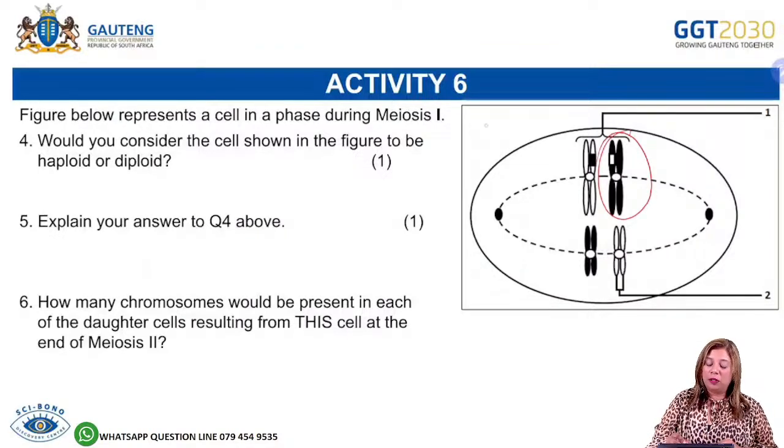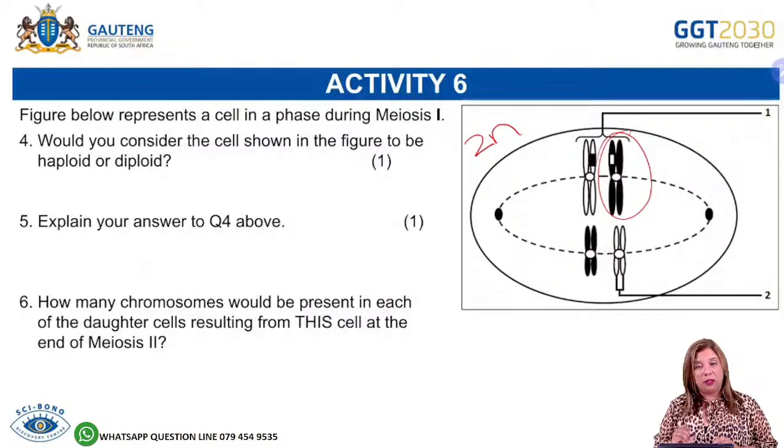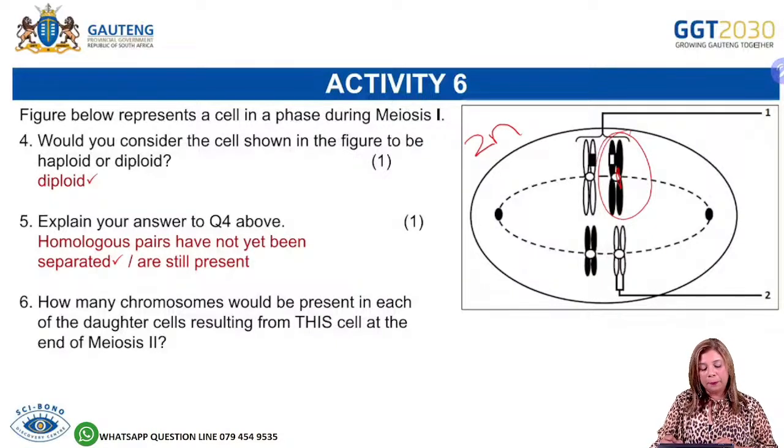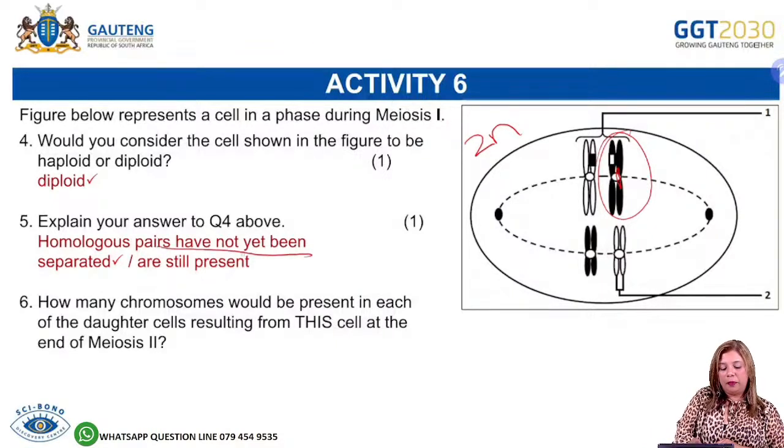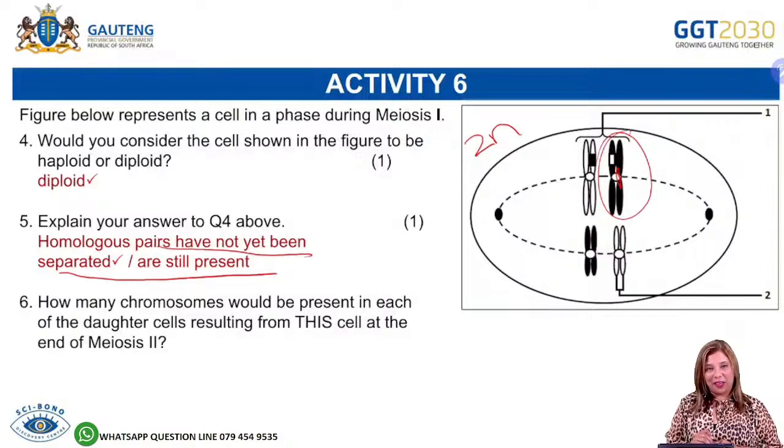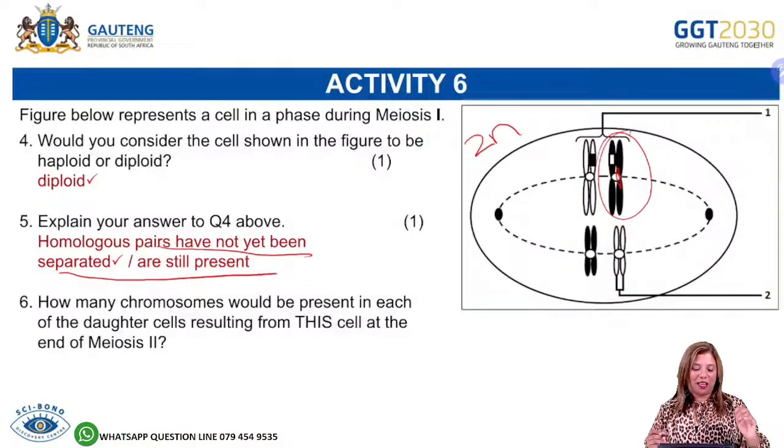So I would consider them to be diploid because the process of meiosis has not been completed as yet. So yes, it is diploid because we see homologous chromosomes, and because they have not separated. See, the centromere is still intact with both chromatids. Okay? Homologous pairs have not been separated and they are still present. See, it becomes easy as we go along.